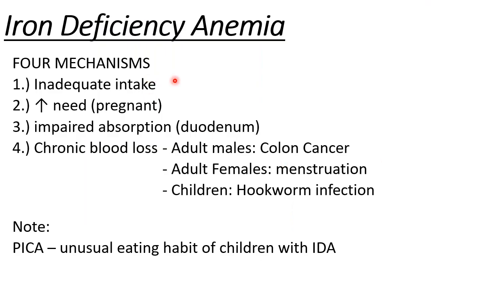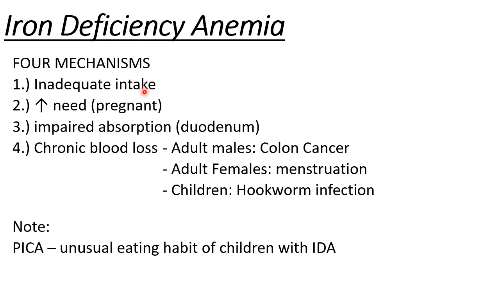Okay, let's proceed to the next condition called IDA or iron deficiency anemia. So, kapag ganito yung presentation, you have to investigate ano yung source, ano ang major cause of the deficient iron. So, there are 4 mechanisms. Number 1, inadequate intake, no?